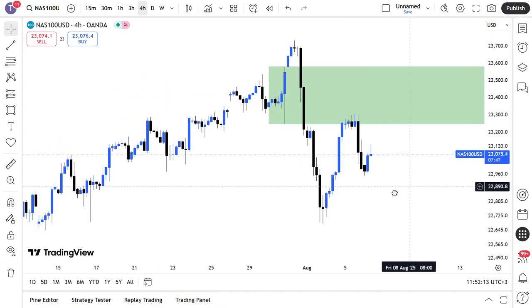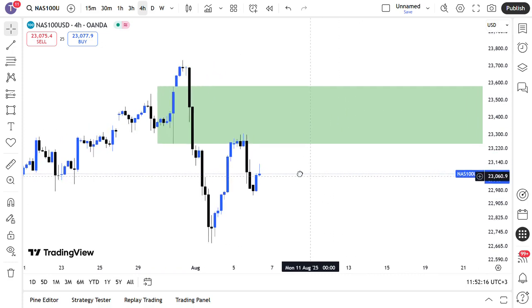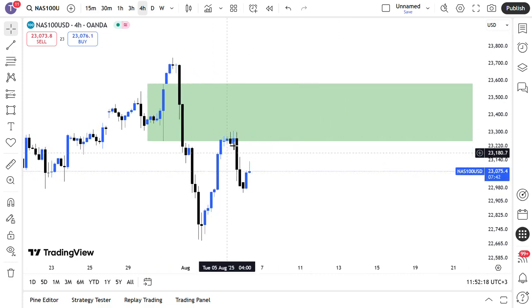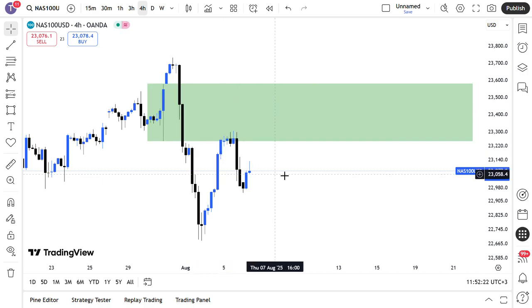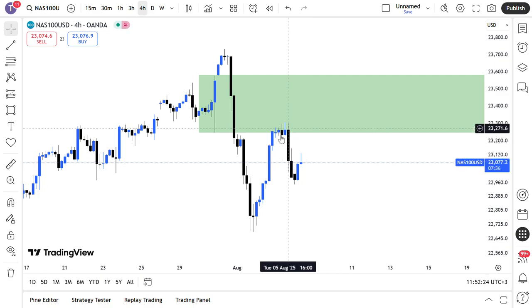So here I have the order block, and seeing here in the 4-hour time frame such a consolidation up here, I went into a lower time frame to see if I can get a valid change of character from this point of view.